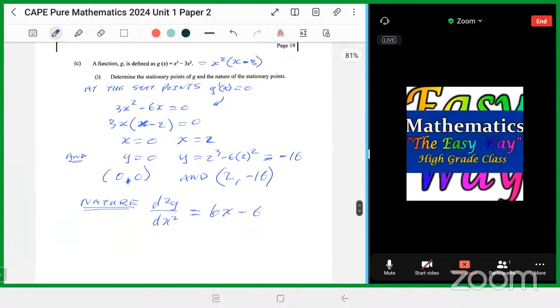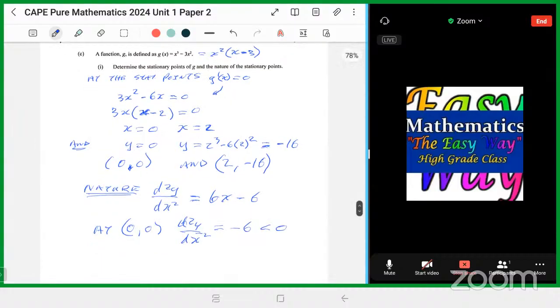So at 0, 0, where x equals 0, the d2y by dx squared is negative 6, which is less than 0, which makes it a maximum.